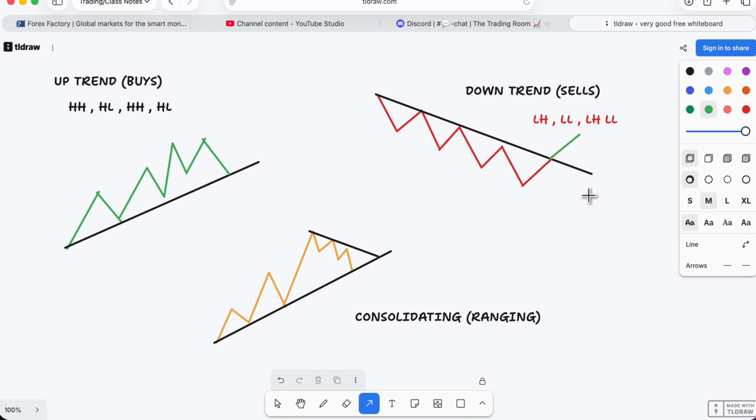Because now this high is no longer lower than, it is now higher than this previous high. That means the trend line is now broken, and that means it's no longer respected. Just like that.